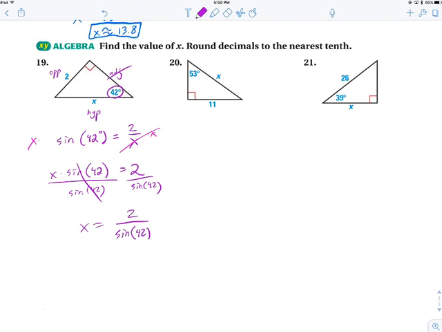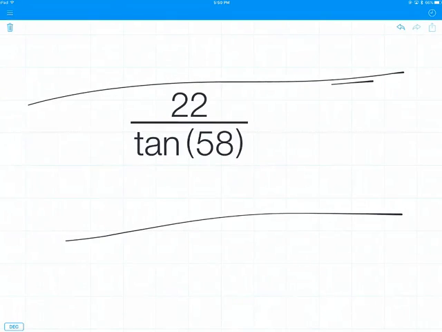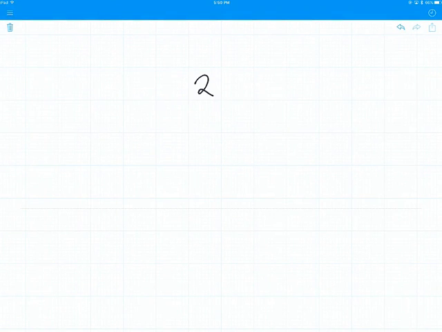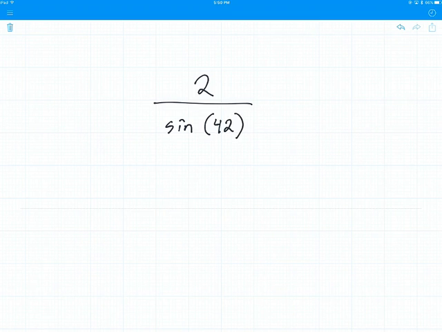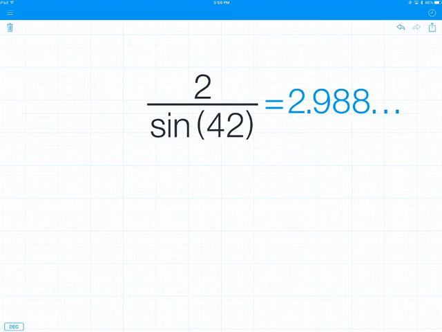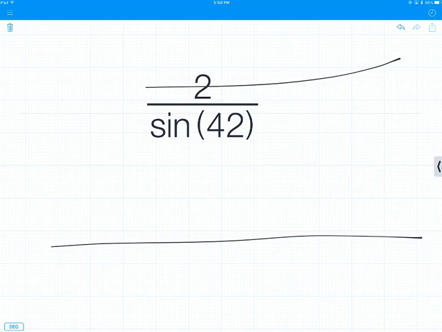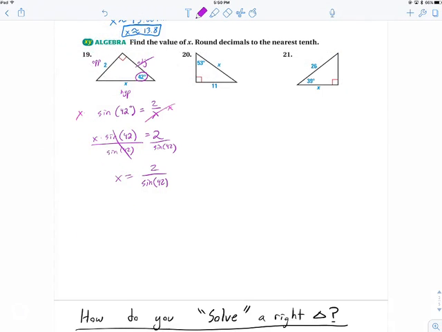Okay, again, we're going to go over to the calculator, and that is 2.988. So x is approximately 3.0, because if I stop here, I have to round that 9 up. That brings me to 3.0.